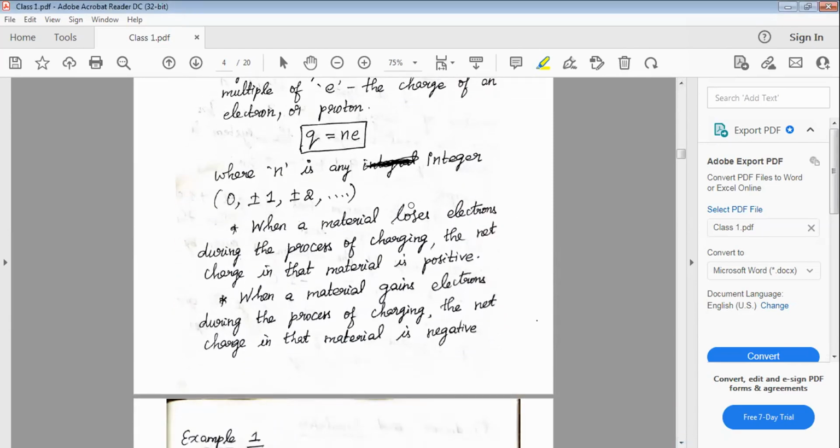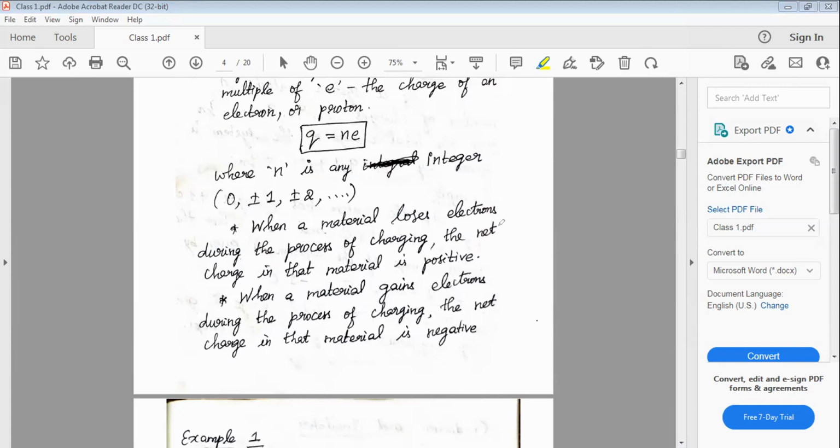When a material loses electrons during the process of charging, the net charge in the material is positive. Otherwise, when a material gains electrons during the charging process, the material becomes negatively charged. So this is what quantization of electric charge is all about.